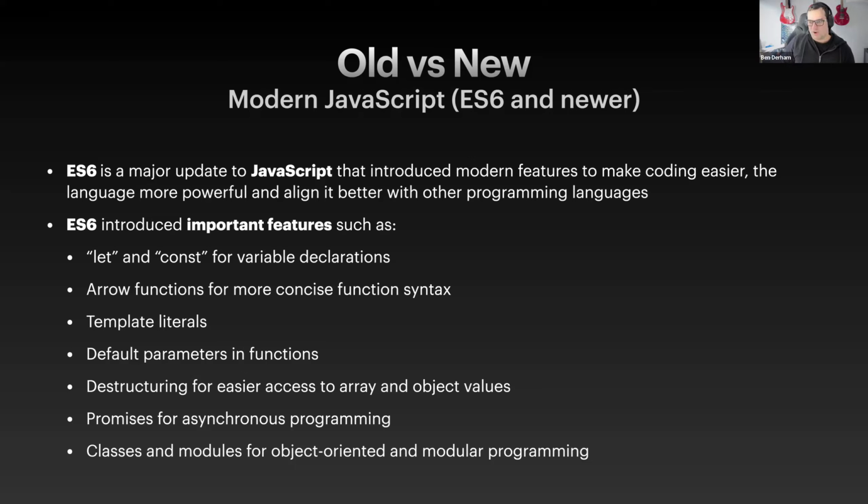We got default parameters in functions, so I can call a function with some defaults already set. We can use destructuring for easy access to array and object values. And we've got a nice trick called promises for asynchronous programming. So that's things like fetching data from a server.